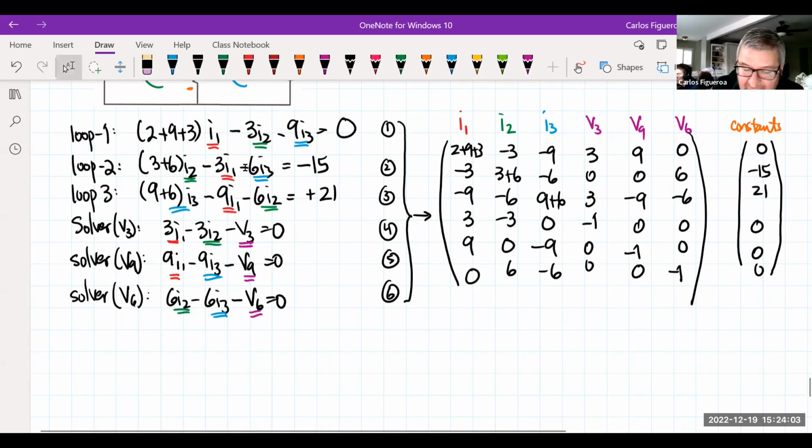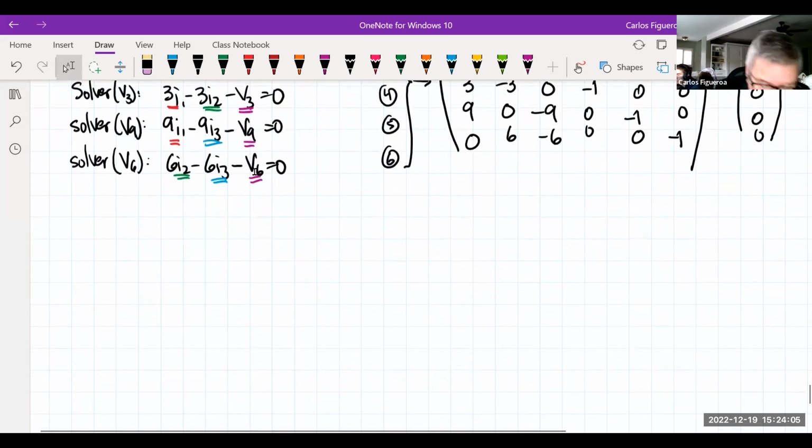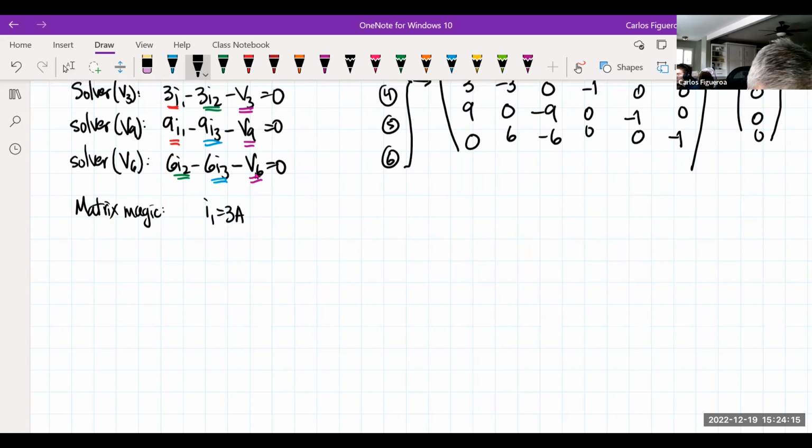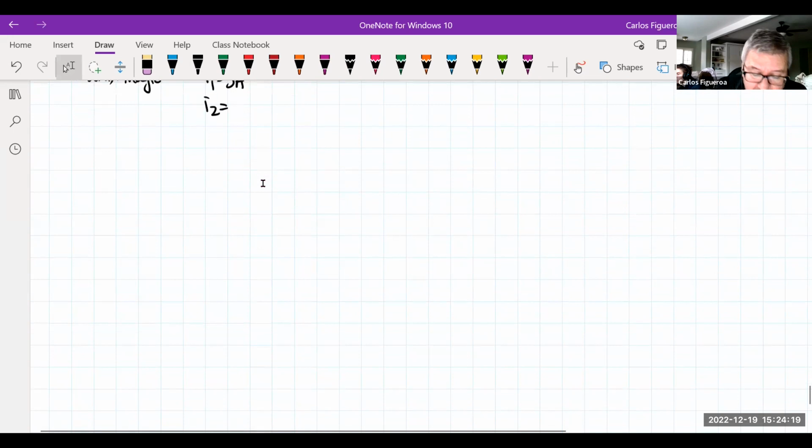So now that I got it into matrix form, now I have a little bit of matrix magic. And matrix magic tells me I1 is equal to 3 amps. I2 is equal to 2 amps. I3 is equal to 4 amps.